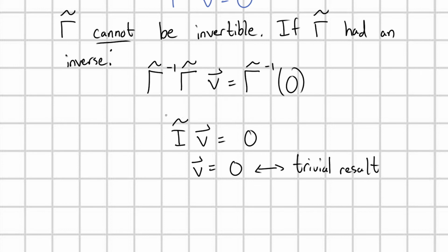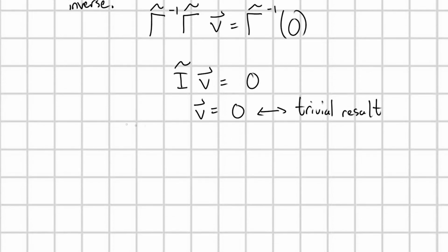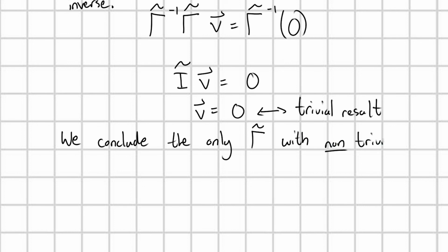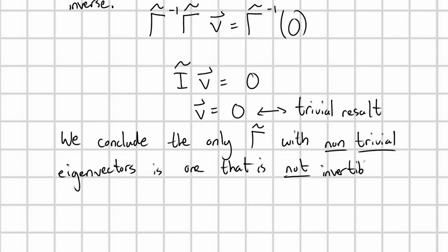And basically reduce this down into this bottom statement here where my only eigenvector is the 0 vector, we conclude from this that the only gamma with non-trivial eigenvectors is one that is not invertible.